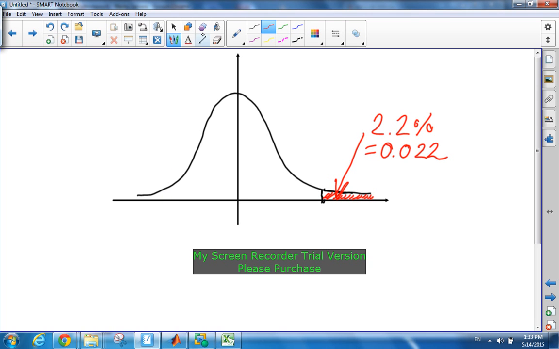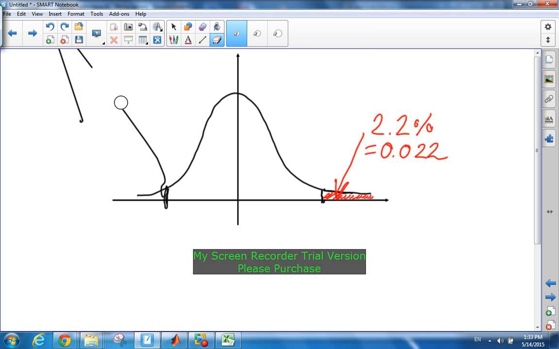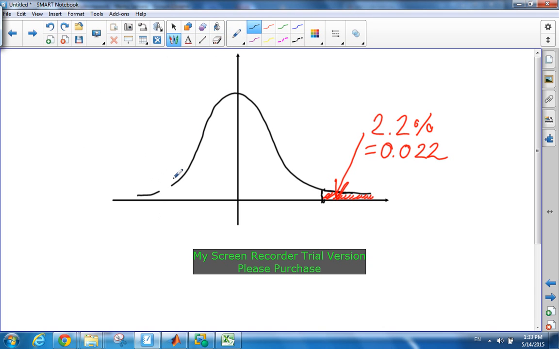And also another 2.2% show too low. So the area below some value here is also 0.022.